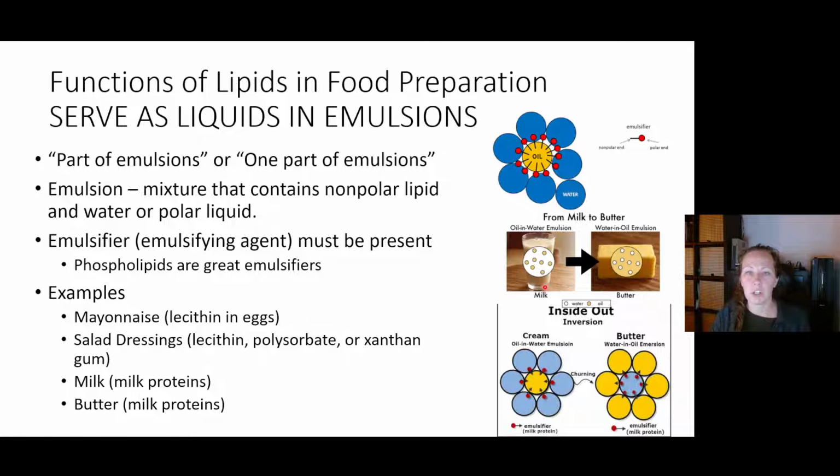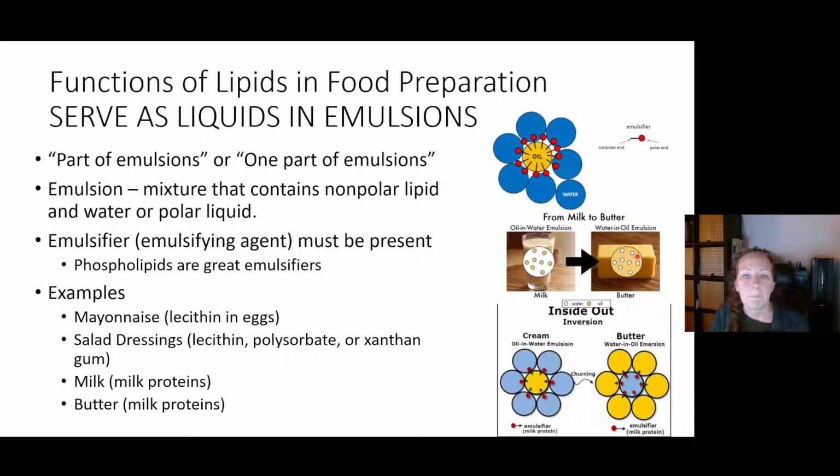So before homogenization occurs, those fat particles in the cream, they're too big to have this kind of encapsulation of the milk proteins around the oil, and then the water surround that. And so what homogenization does is reduce the size of those fat particles so that this can occur, quote unquote, naturally with the natural milk proteins that are already there.